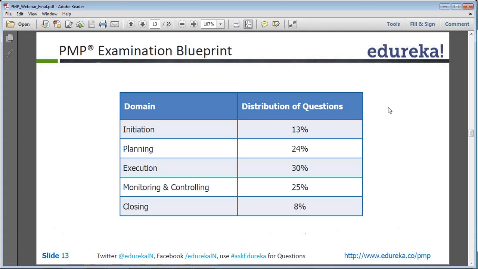What they are trying to check is that you understand the concept, you understand the requirement, and based on that you are able to analyze the scenario and find out what is the best area of knowledge that you need to apply, and you should be able to apply that. So that is the kind of questions that you will get.